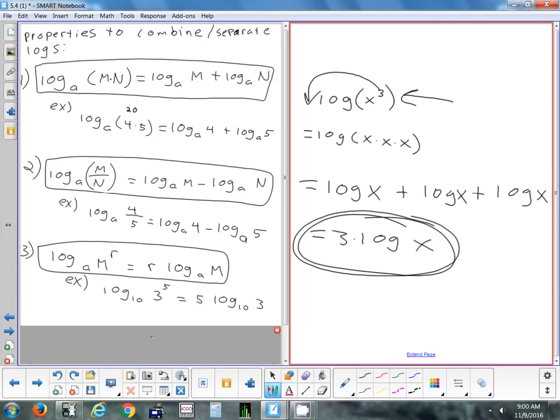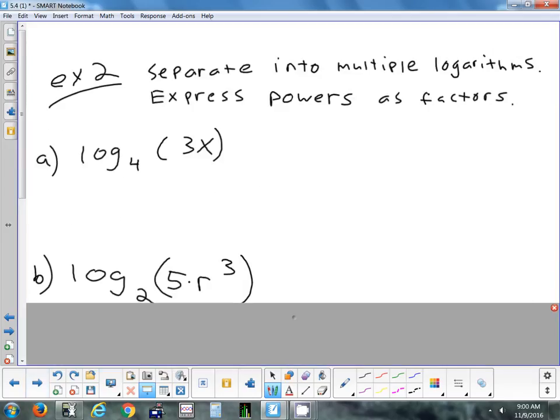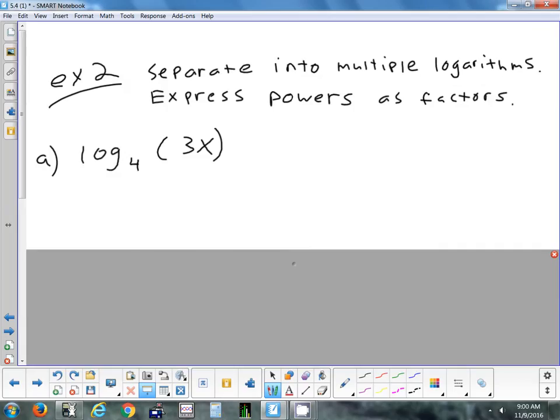Okay, so now we'll finish up by looking at as many as we have time for of how we combine and split logarithms. All right, so let's look at the first one. Log base 4 of 3x. Anybody tell me how that's going to split? As a sum or a difference? Sum. What's going to be the base on each log when I split it?